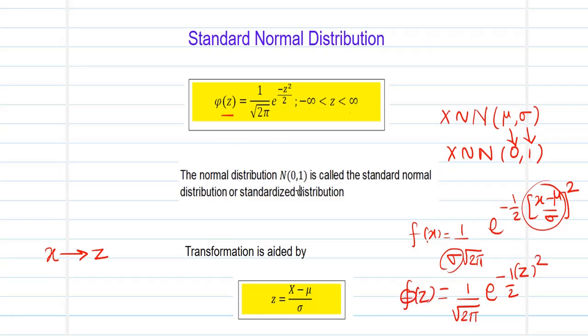So when we replace mu and sigma with 0 and 1, the normal distribution is referred by the name standard normal distribution or standardized distribution. So this now turns out the first format into a little easy format.